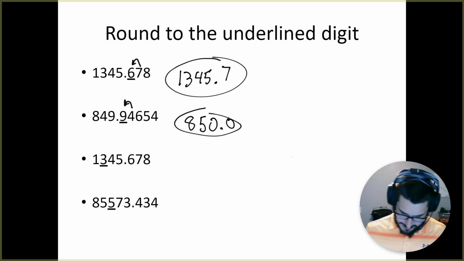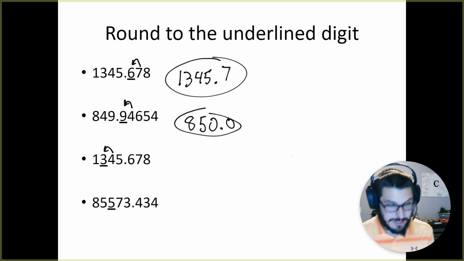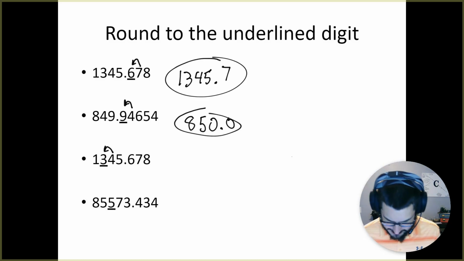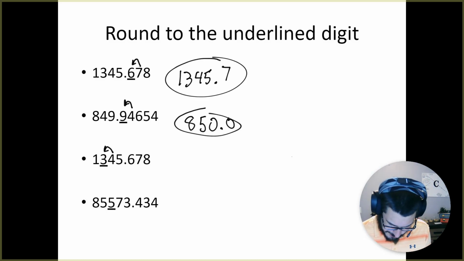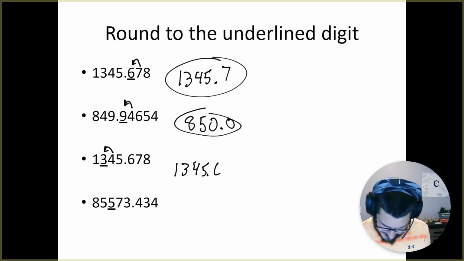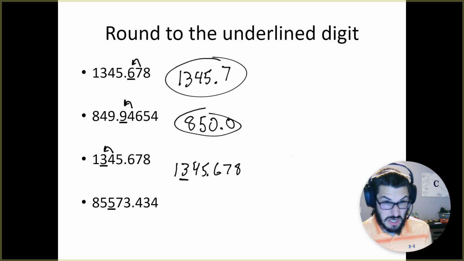Okay, and then here we've got 1,345.678 is going to round. Again, this is something that sometimes I see students struggle with, so let's look at this a little bit more in detail. We want to round to the nearest hundreds place.